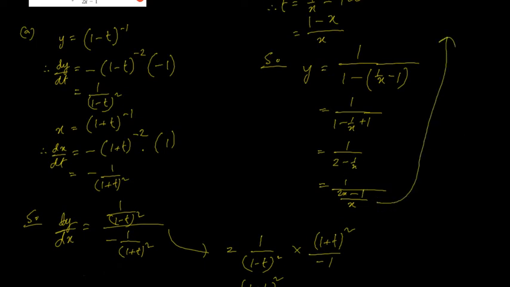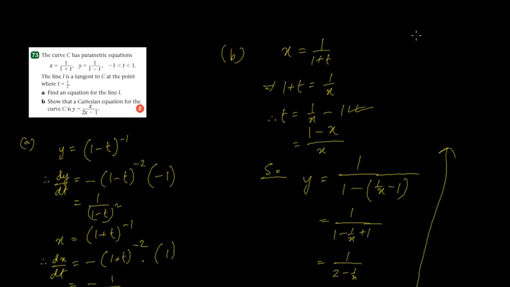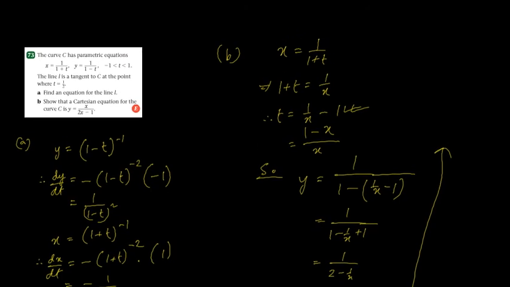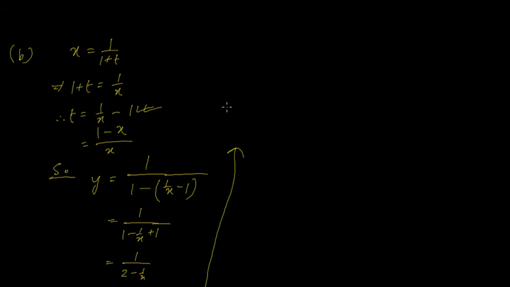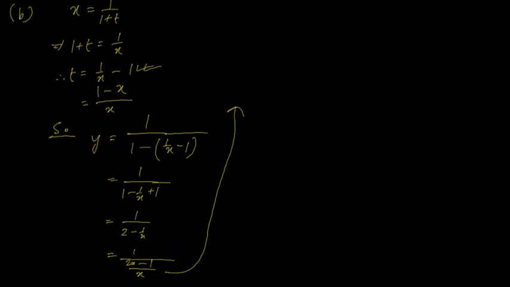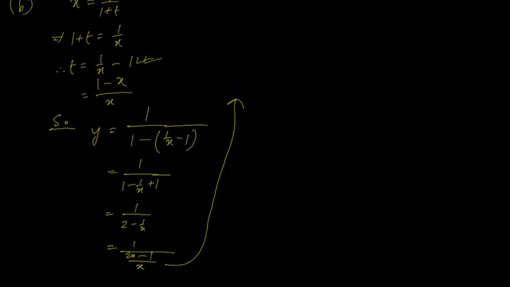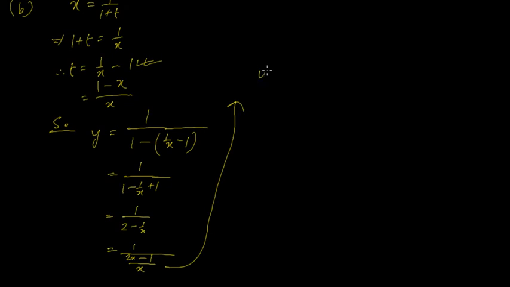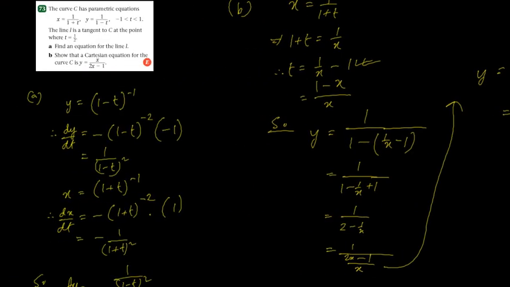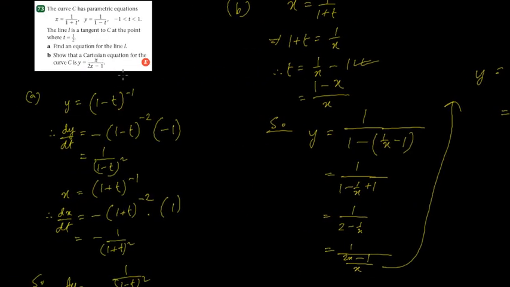So do the sum here. Okay, so y equals 1 by (2x minus 1) divided by x. If I do the reciprocal, it would be x divided by 2x minus 1. I think this is it. So y equals x by 2x minus 1. So that's the Cartesian equation.